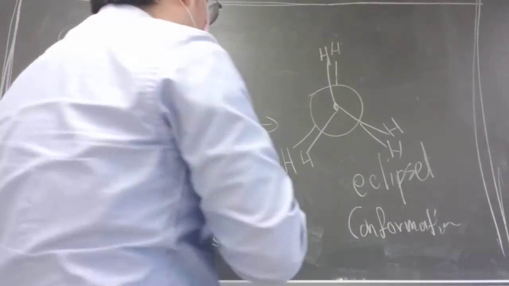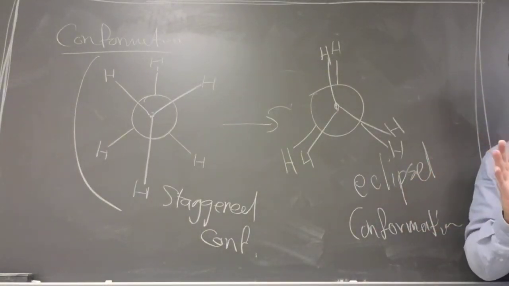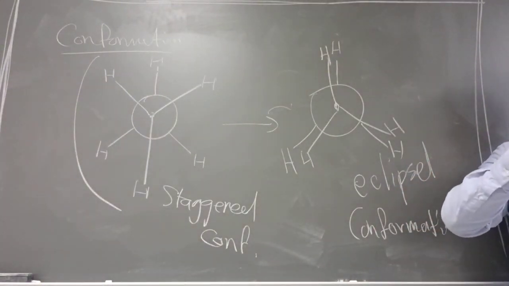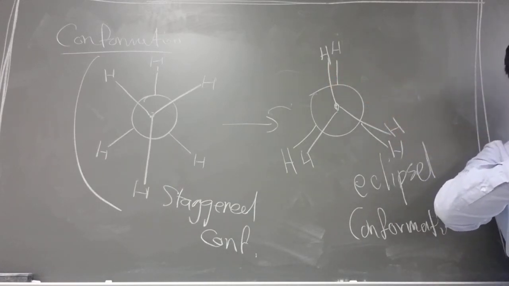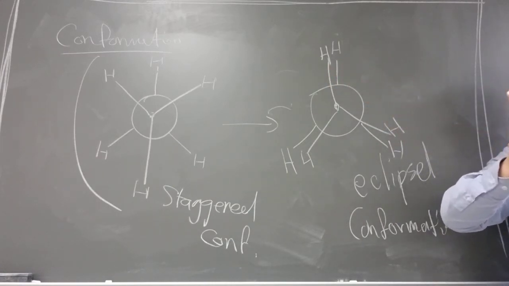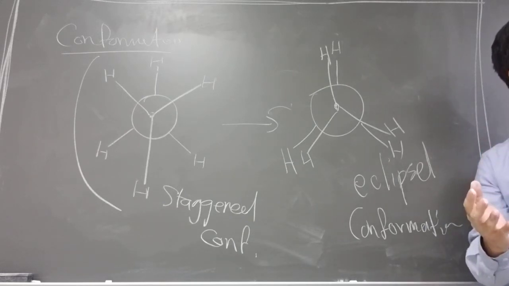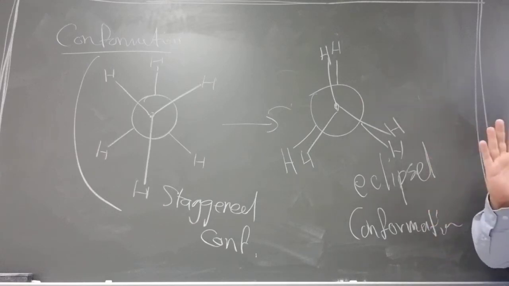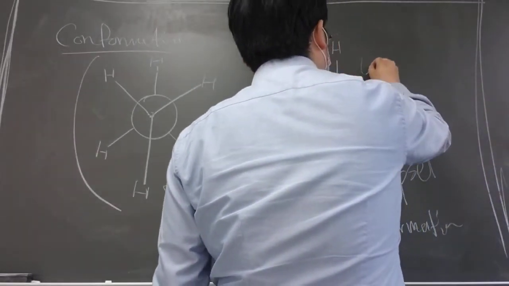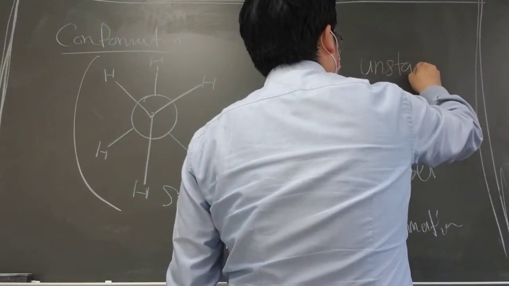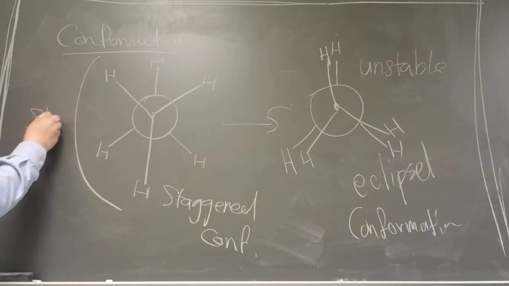But when we rotate it, it becomes somewhat unstable, because the distance between those bonds is closer now, and they experience discomfort because they need to compete for limited space. So this is somewhat unstable. This is quite stable.